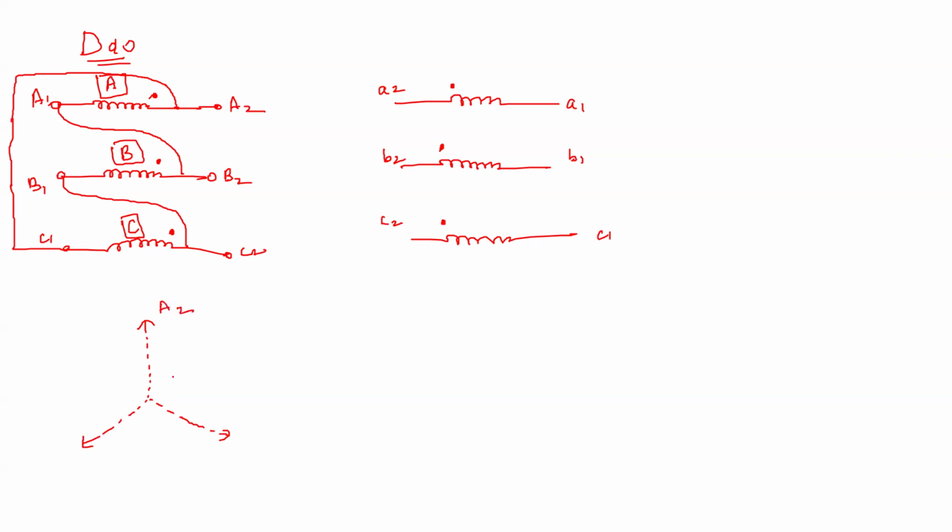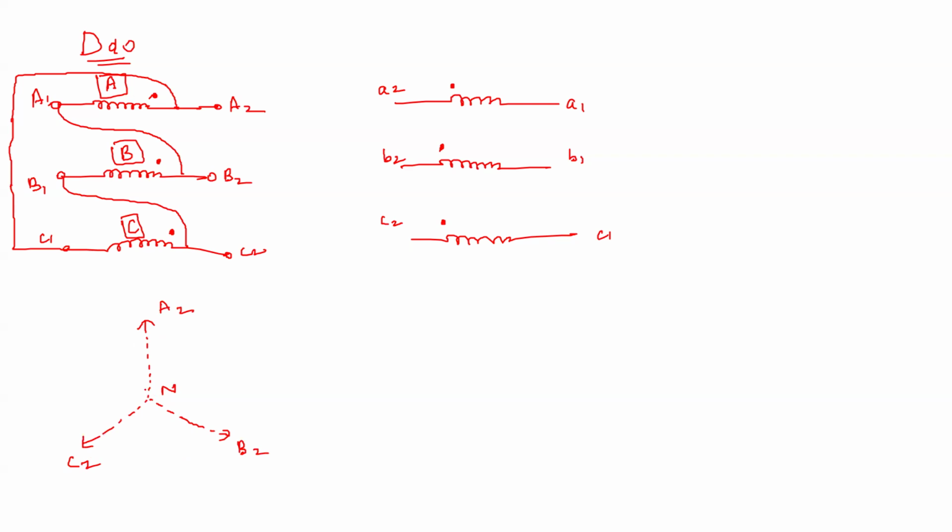This is A2 and B2, C2. However, I'm not writing this as A1, B1, C1, because this is not a star connection, right?